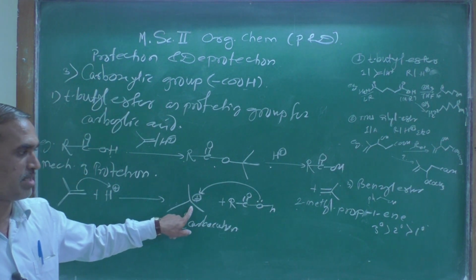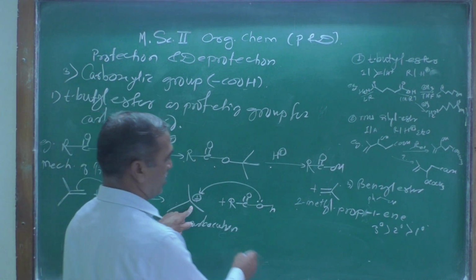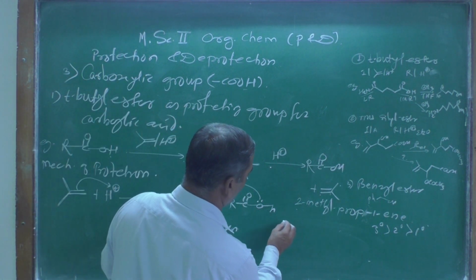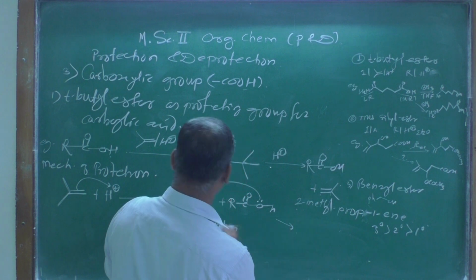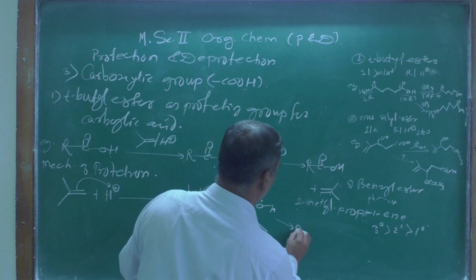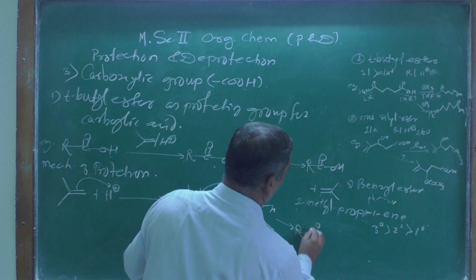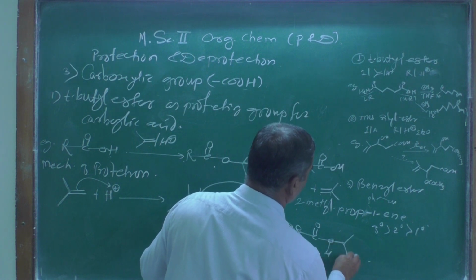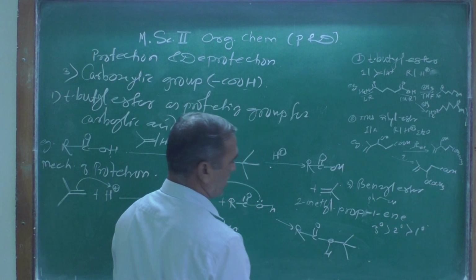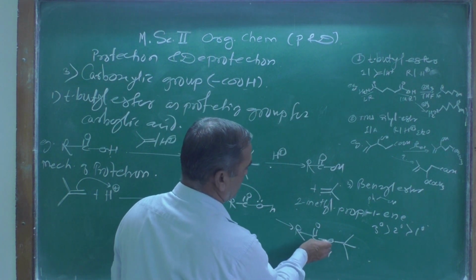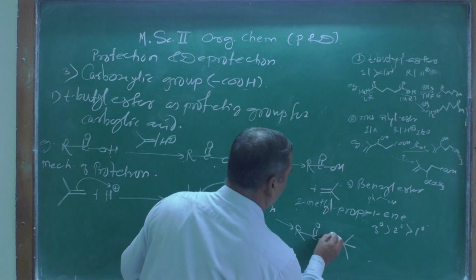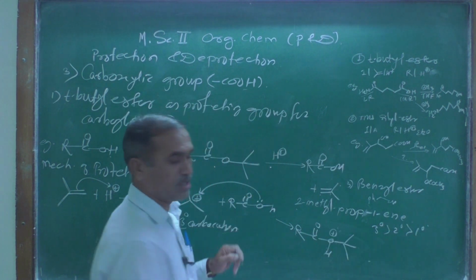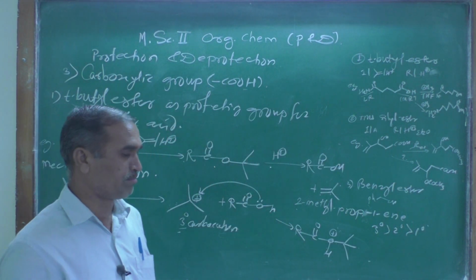Now the carbocation acts as an electrophile, and therefore we get the product, this one, RC double bond O, here H, then this tertiary group. Now look at the oxygen atom: there are 3 bonds, and therefore a positive charge comes on that oxygen atom.